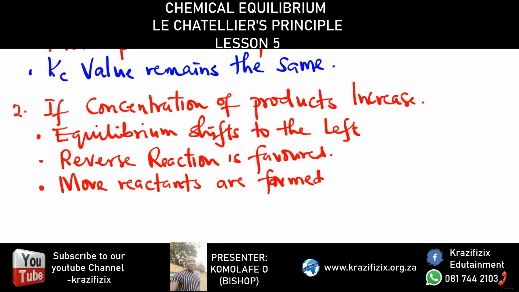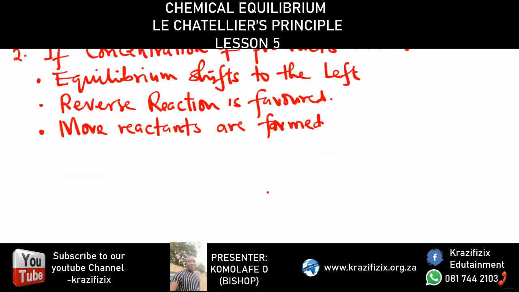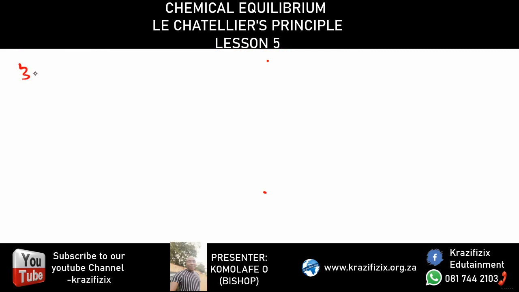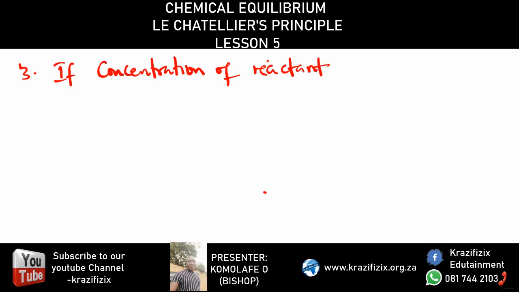I'm going to look at two more scenarios. Three. If the concentration of reactants decreases, so we are now beginning to remove our reactants. Since it is less, this means we have more products now at first.